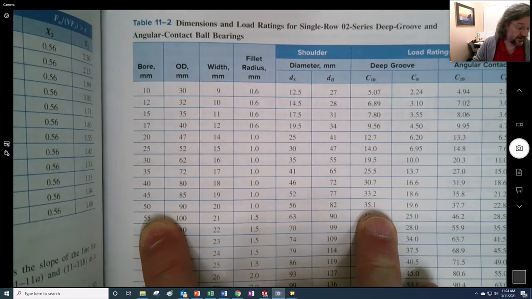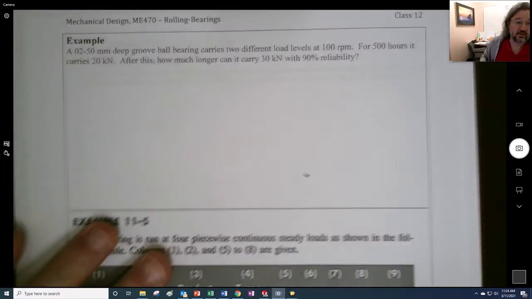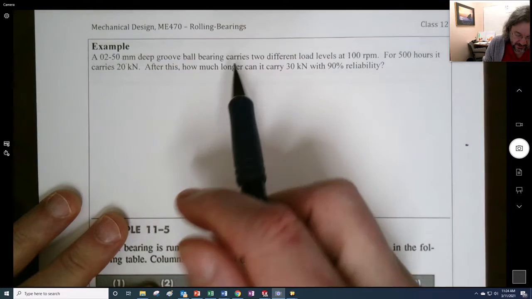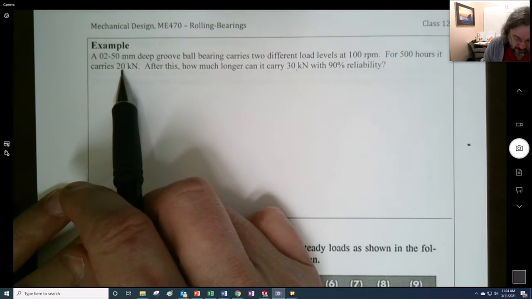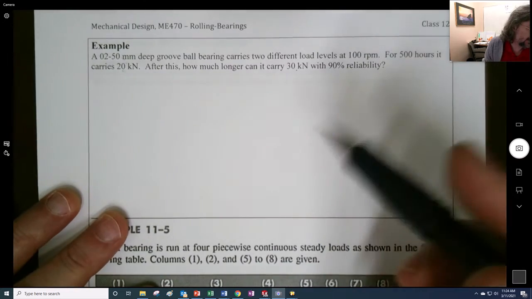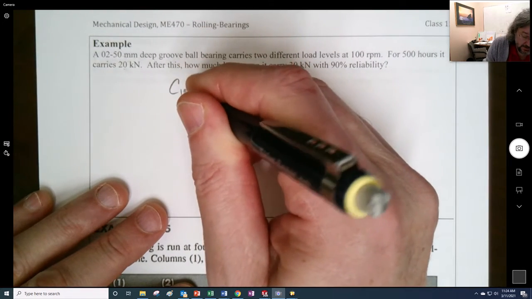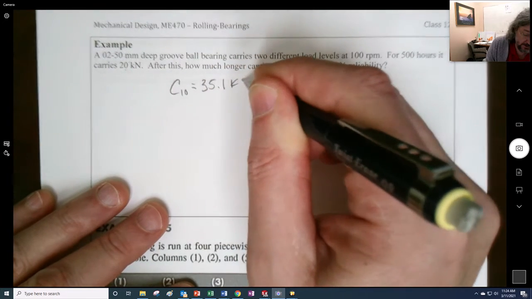Right, so we want to try to figure out how much longer it can carry 30 kilonewtons after it has carried 20 kilonewtons for 500 hours. C10 that we have from the catalog is 35.1 kilonewtons.